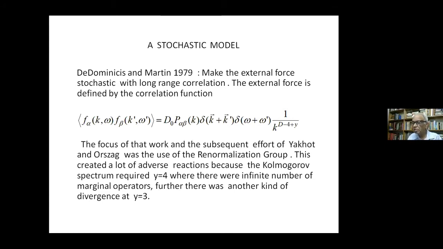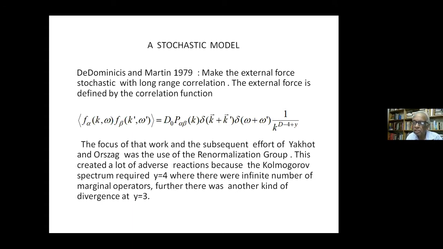So y is a number which one could play around with. The point with De Dominicis and Martin in 1979 was that they wanted to use what was very popular in those days, renormalization group for dynamics. Critical phenomena and critical dynamics were popular.